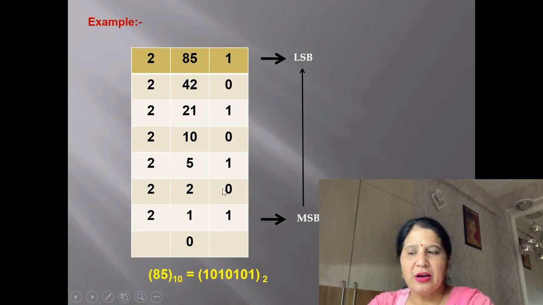0 will come here. Now we will divide this 1. I told you that 1 cannot be divided by 2, so we will write 1 here and 0 here.